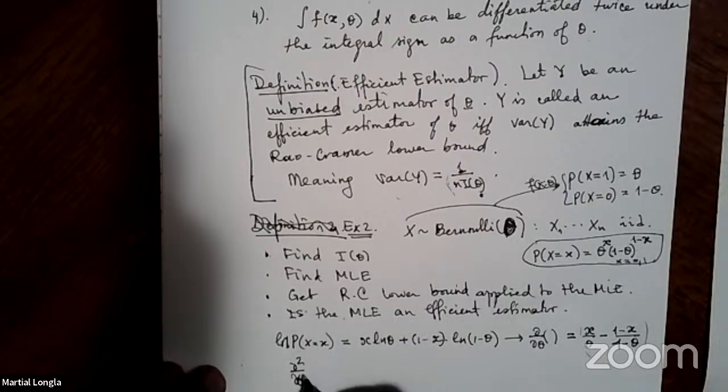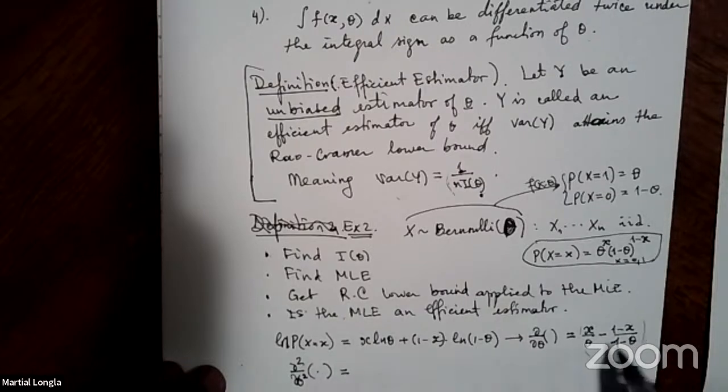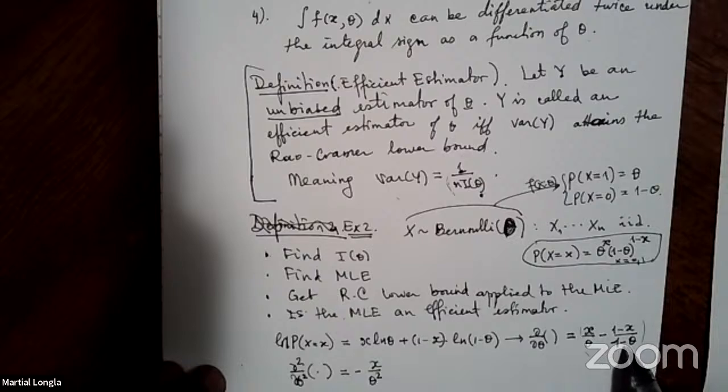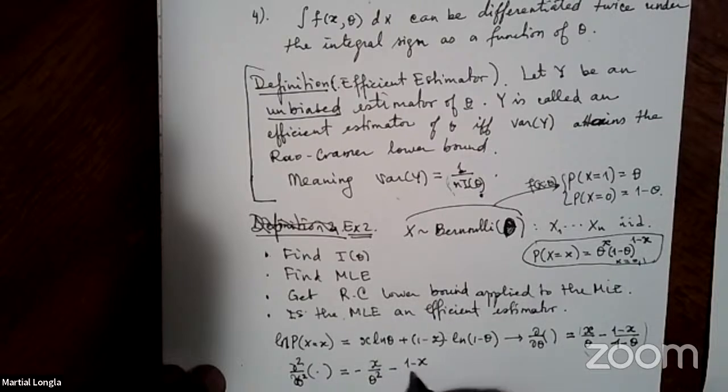The second derivative can be negative x over theta squared, and here, minus 1 minus x over 1 minus theta squared.